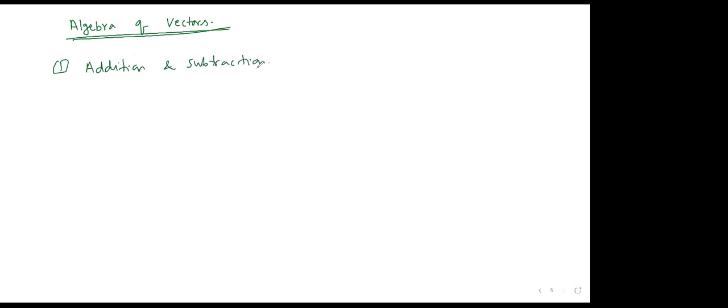Now coming to algebra of vectors. First, addition and subtraction. Suppose we have two vectors.